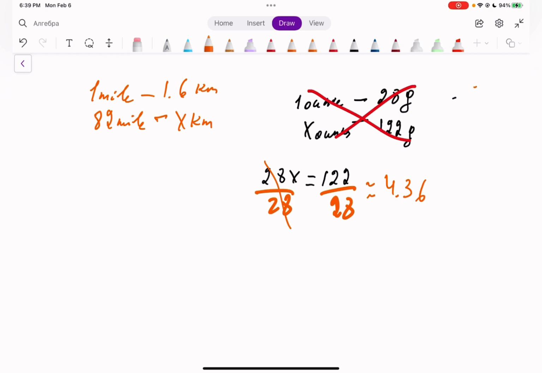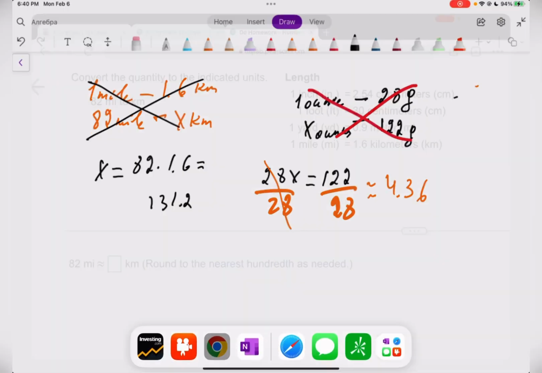All right, so from here we do cross multiplication. 1 times x is x, and we have 82 times 1.6, and I am getting 131.2. Going back.